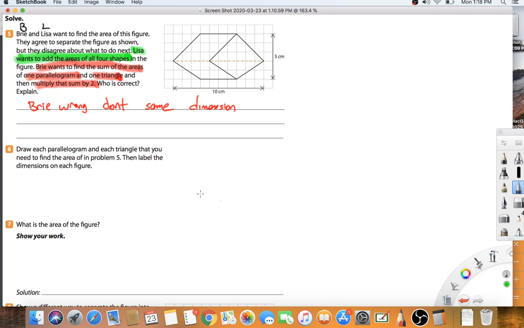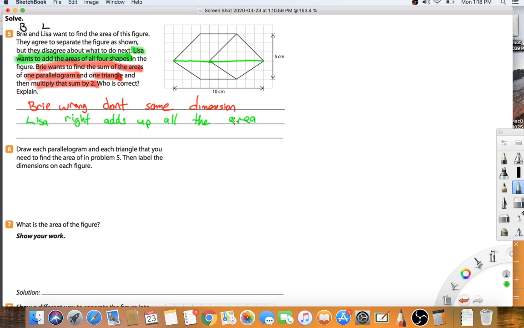We can say that Bree is right. I mean, we can say that Lisa's right. I'll give one example because she adds up all the areas. She finds the area for each triangle and each parallelogram, and then she adds them up.